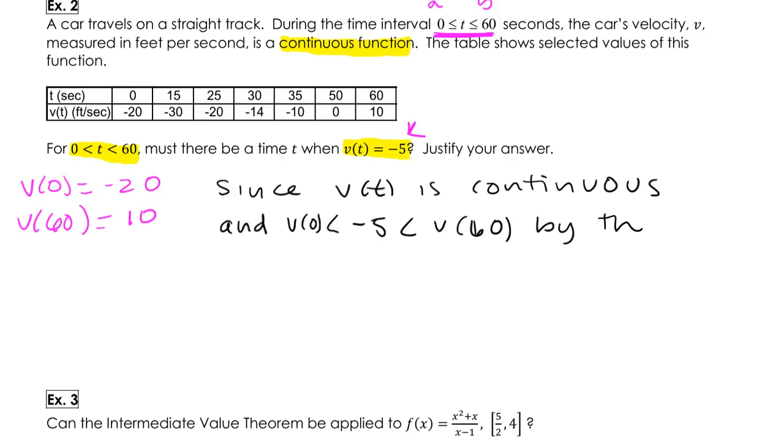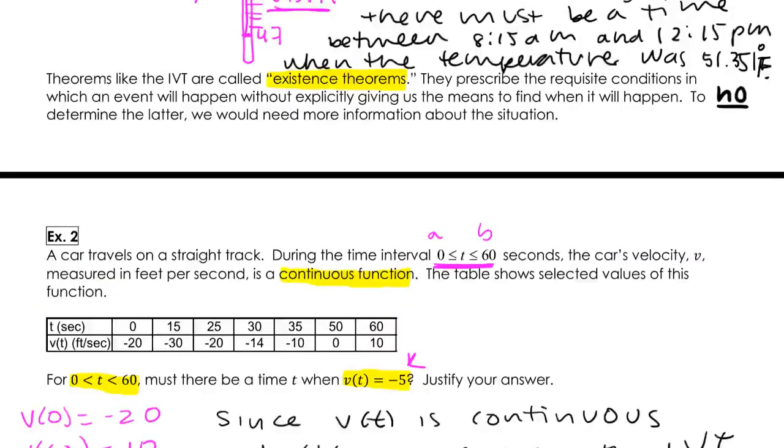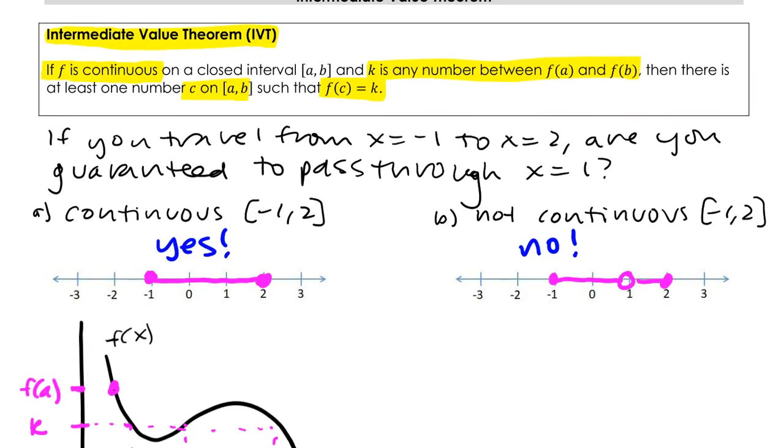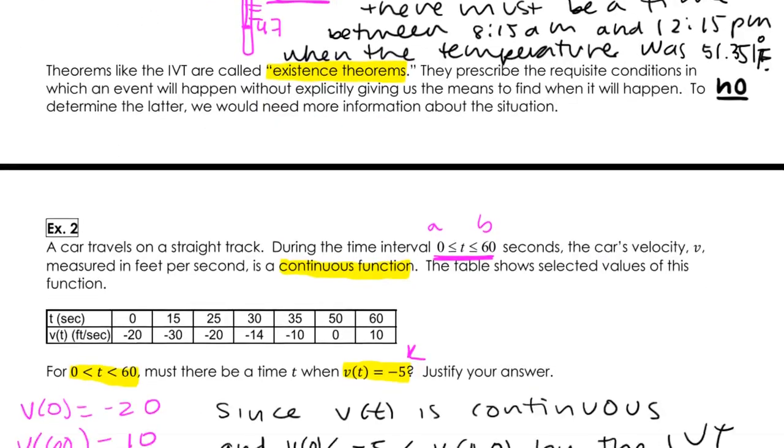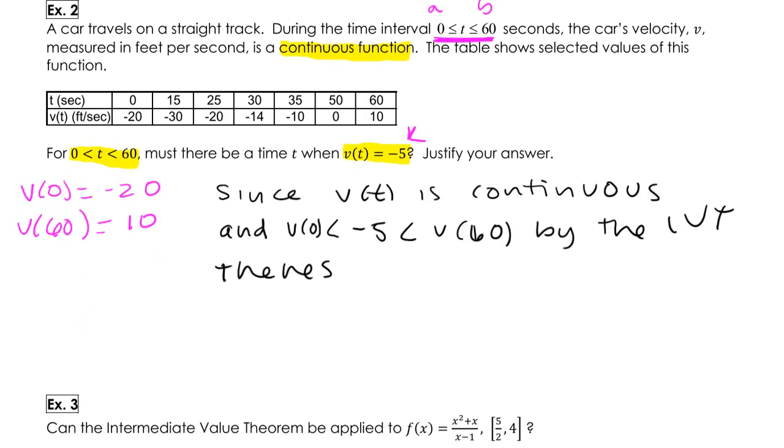By the IVT, there exists, and again, relating up here, look at how much this matches up. We have continuity, we have K between those two. Then it's saying there is a C in the interval such that f of C is K. So that's what we have to state now. So we could say there's a value C, and remember, C has to be in the interval between 0 and 60, because it said there's a C in AB.